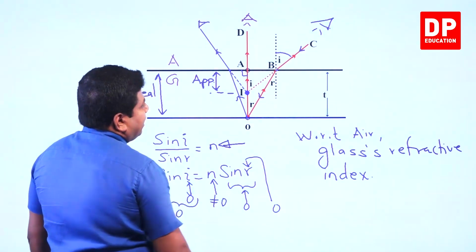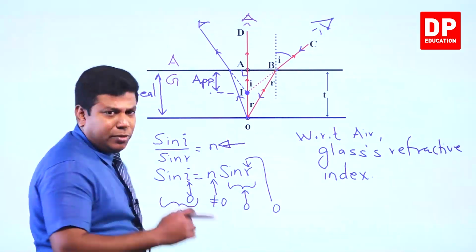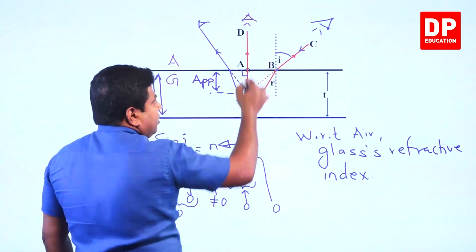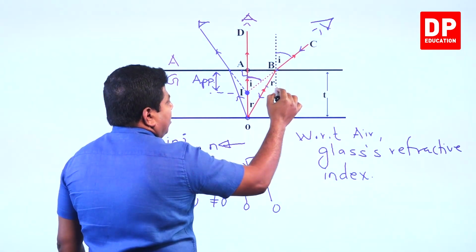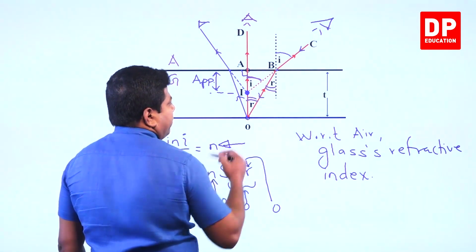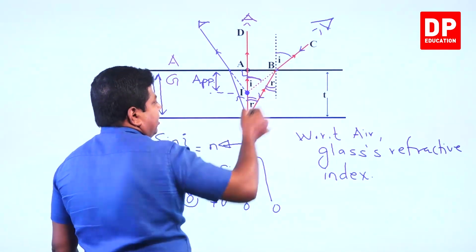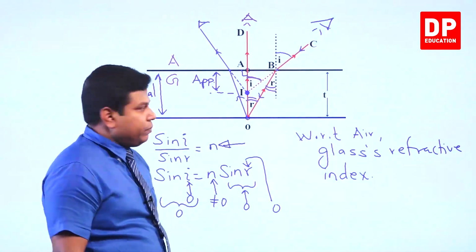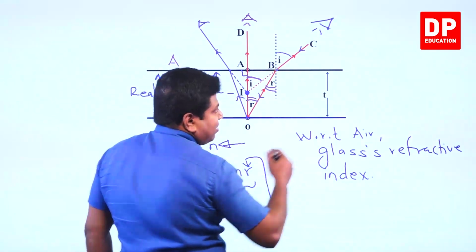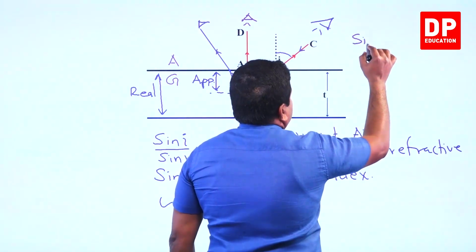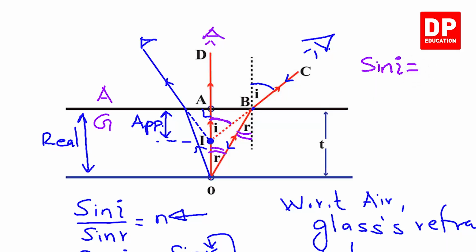Understand that. So let's go with the same approach here. n equals sin I over sin R. Let's use a little bit of trigonometry here. These two lines are parallel. So if this is I, same line, this also has to be I. Similarly, if this is R, this also has to be R. Why? Parallel lines intersected by the same single line. So R, R, I. Let's write sin I. Look at this triangle, IAB.